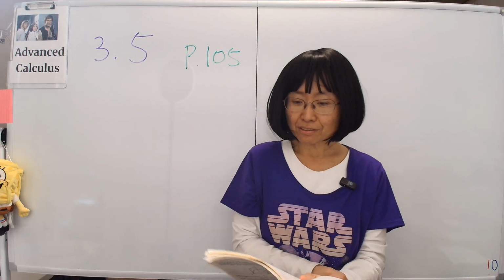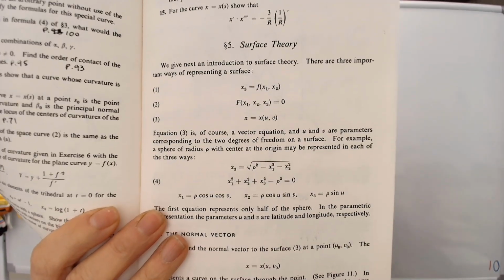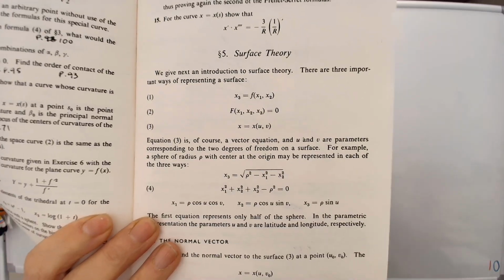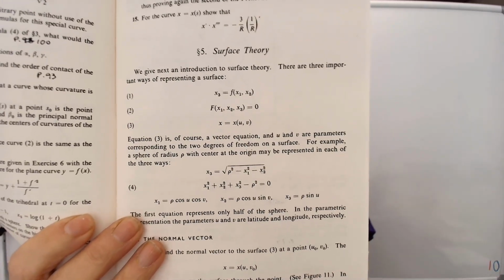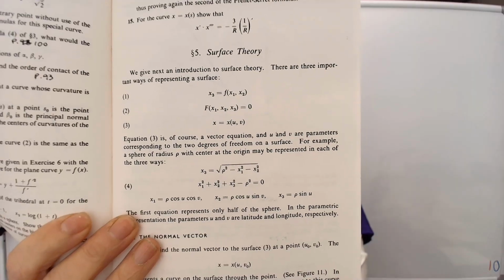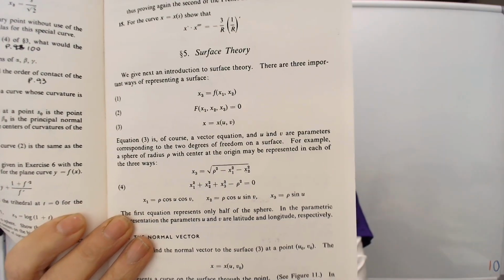Okay, so a surface, as we can remember, so far we have learned how to describe it in three main ways. There's actually even more ways than that maybe, but anyway, the three main ways: number one, where you can use one variable, usually the third one, as a function of the other two.